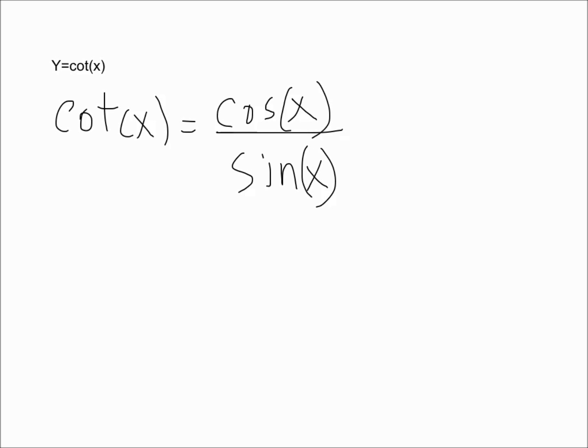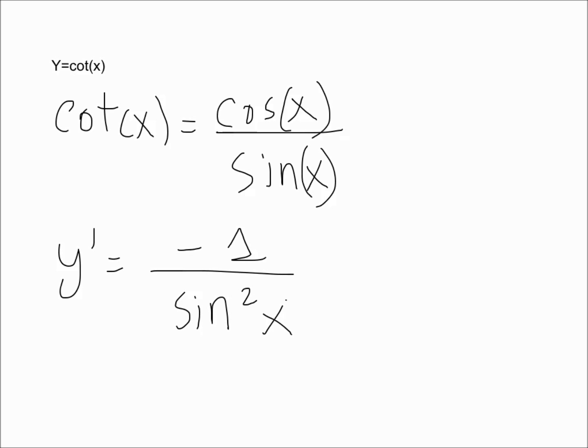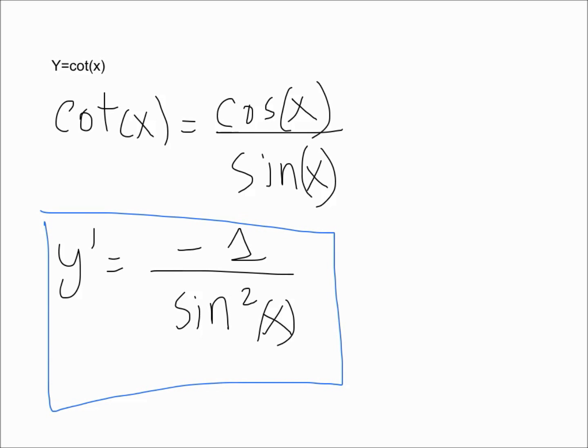And using the same procedure as with the tangent, you will obtain that y prime of the cotangent will be negative 1 over sine squared of x. Thus its derivative. Again, you can do it using the same procedure I used before.